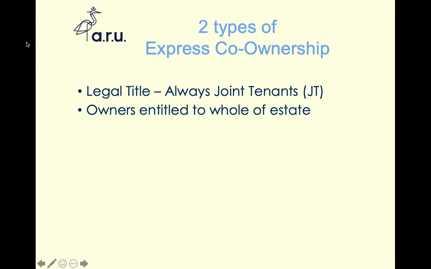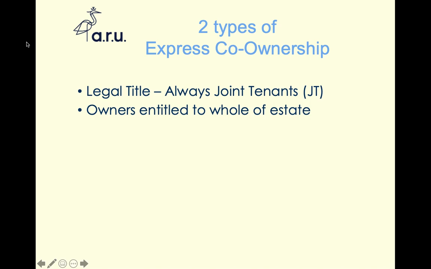Anyone inside those brackets as a joint tenant is entitled to everything, but they are a collective within the brackets. So whenever we're drawing this out, we'll have the legal title at the top, and the person that we would have recognised as the fee simple absolute in possession holder will still be there, but there'll be more than one of them, and we'll be putting them into brackets. Under section 1.6 of the LPA, that will always be a joint tenancy.